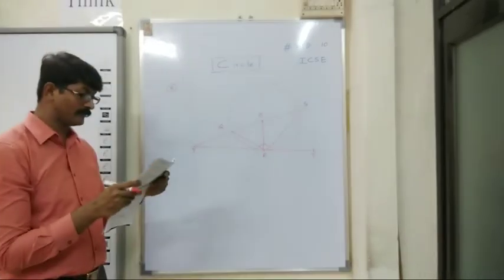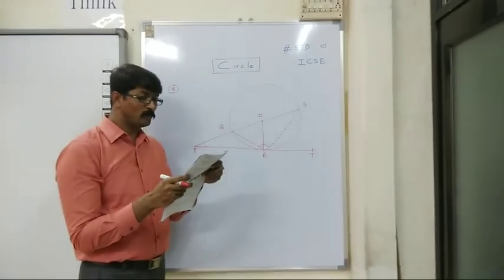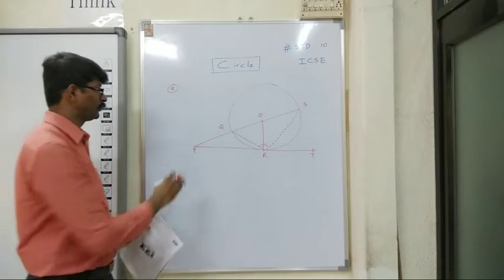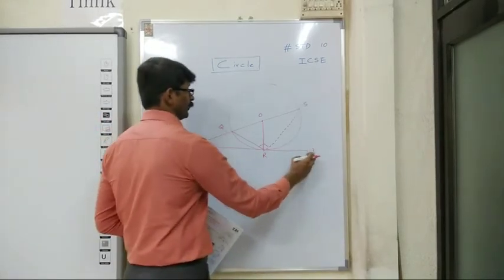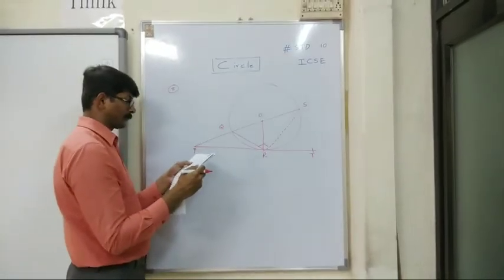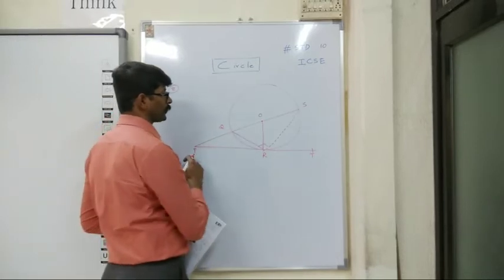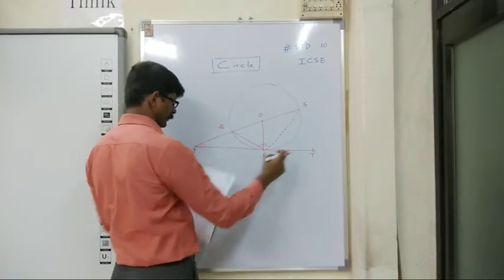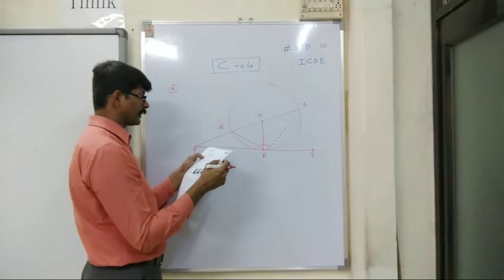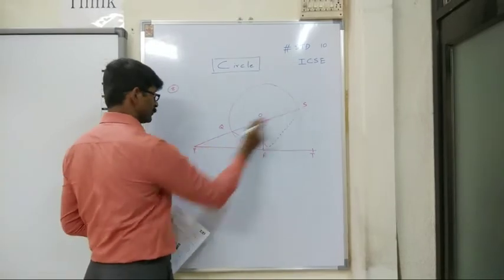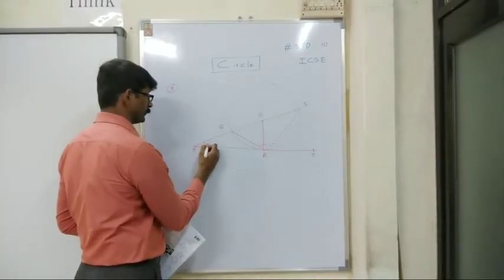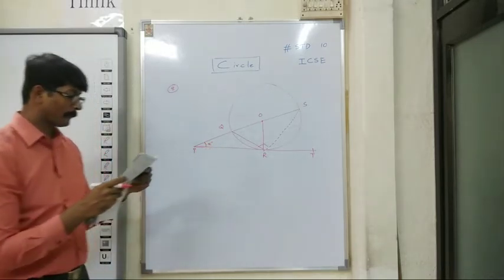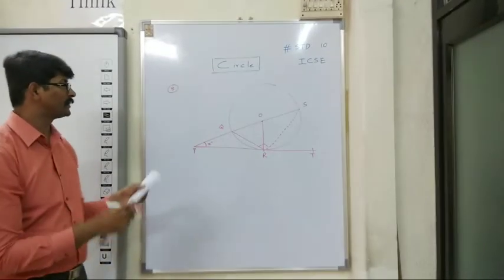When you produce PT at P, it is given as information that angle SPR is x degrees. Angle QRP is y.